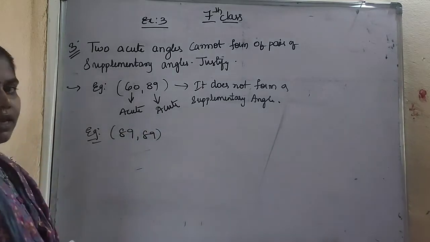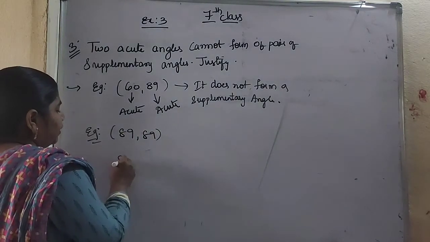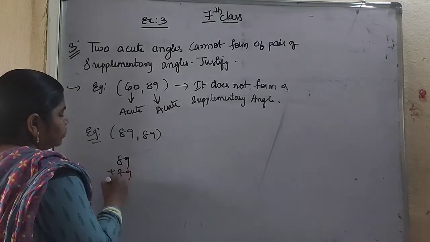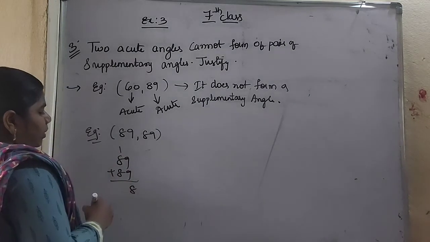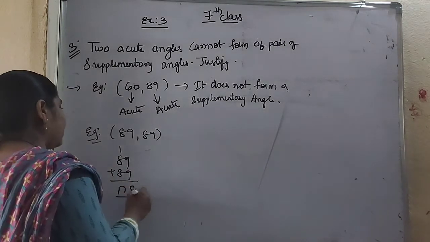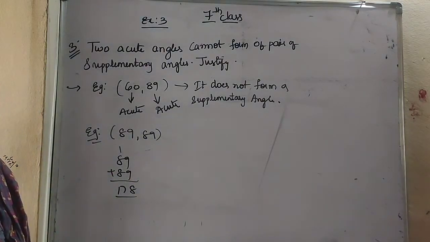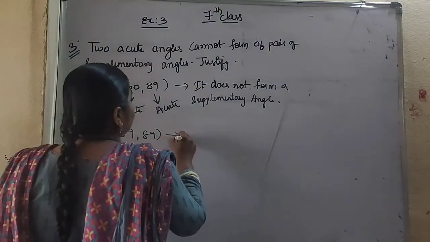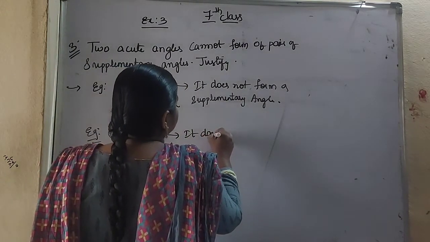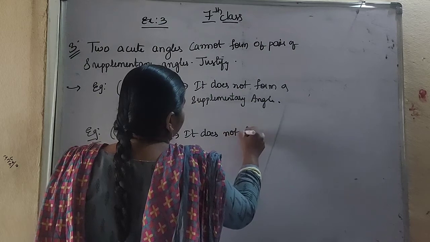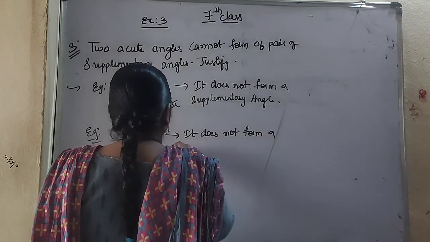So 89 plus 89 will be 178. If you add these two, you are getting only 178. So 178 is not a supplementary angle, because supplementary angle means it should be equal to 180. So with this also it does not form supplementary angles.